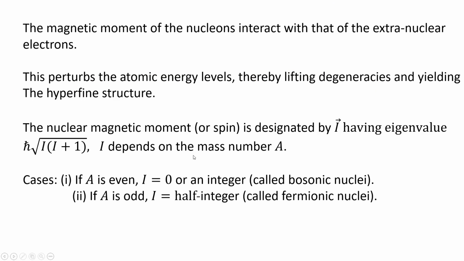So, let us discuss the angular momentum, or the spin angular momentum. We are talking about the total angular momentum, which comprises both the spin and the orbital angular momentum. The magnetic moment of the nucleons interacts with those of the extranuclear electrons, by which I mean the orbiting electrons.